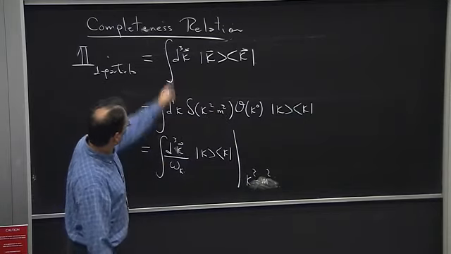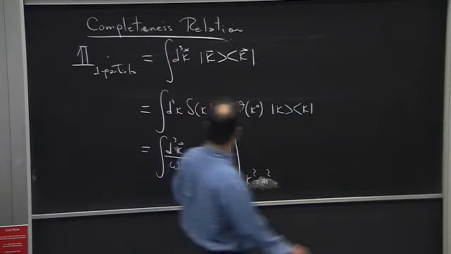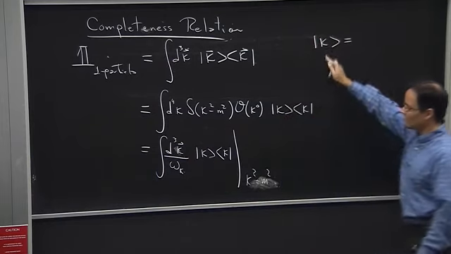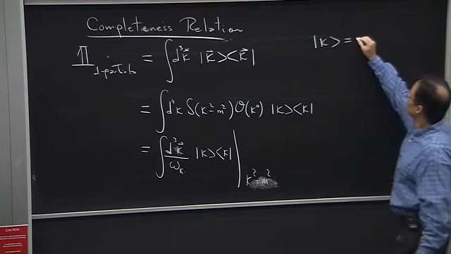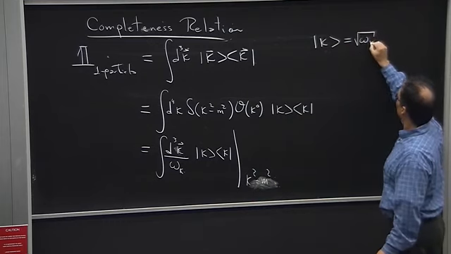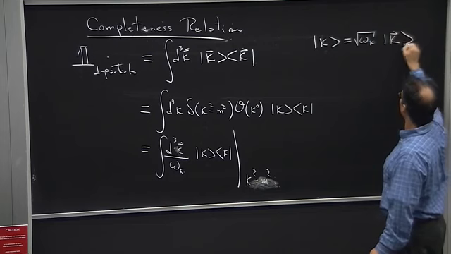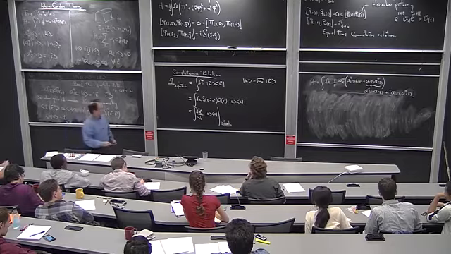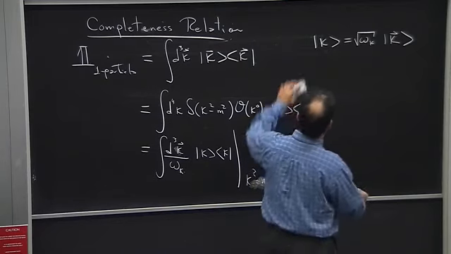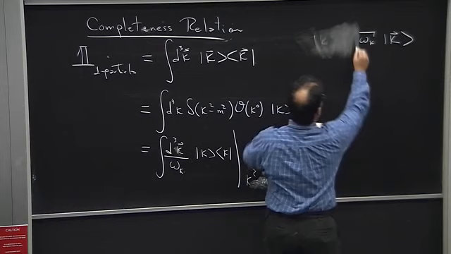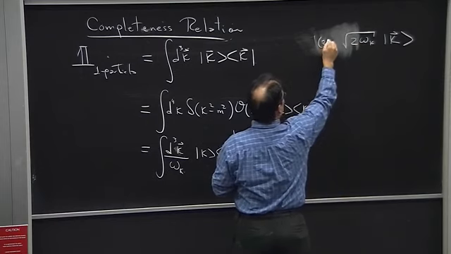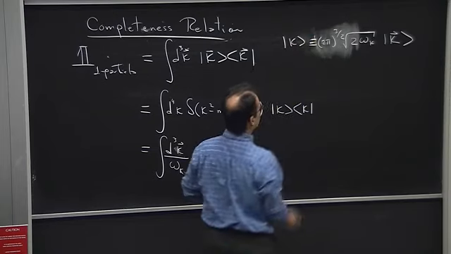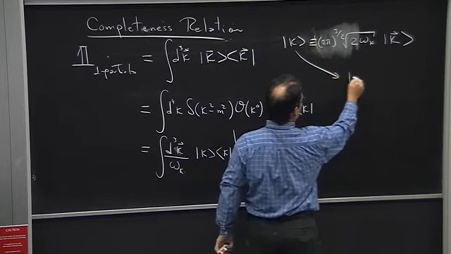Okay? But now if we want these 2 formulas to look the same, we have to redefine, or the connection would be that the relativistic states, which are nicely normalized, would be the square root of omega k times the old states that we had before. Actually, there is a convention for the normalization, which I should do. There is a factor of 2, and there is a 2 pi to the 3/2. Okay? And these are the one particle states that we had.